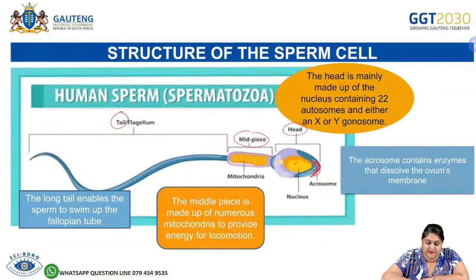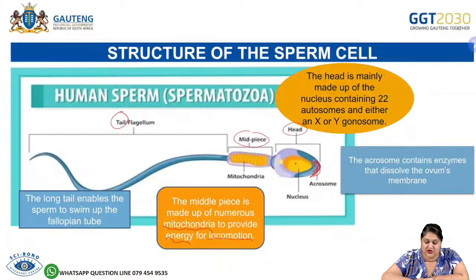Then we've got the middle piece. It's made up of numerous mitochondria, very important, and they provide energy for locomotion. You know from grade 10 that the mitochondria is the powerhouse of the cell. And in grade 11, you learn about cellular respiration, and you also learn about the importance of the mitochondria.